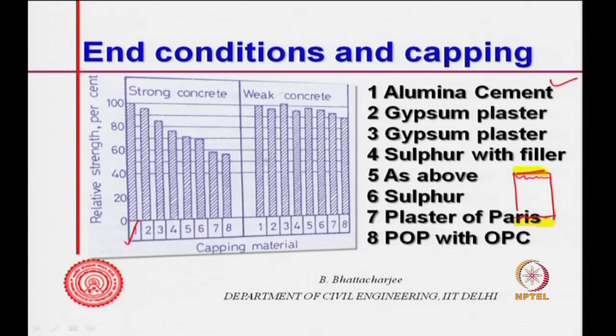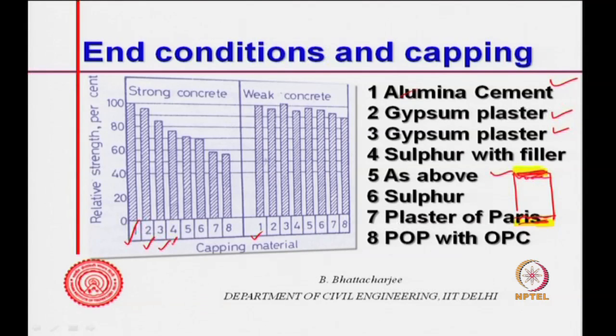The first material that I am talking of is alumina cement, and the second one is gypsum plaster, third one is another gypsum plaster, fourth one is sulfur concrete with some filler, colloidal sulfur.